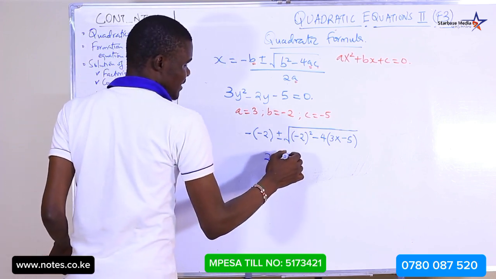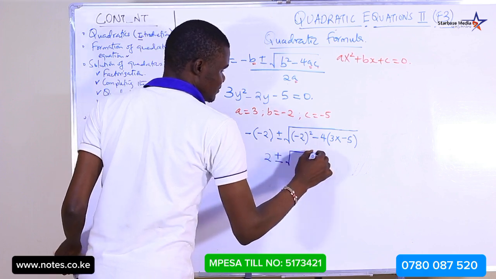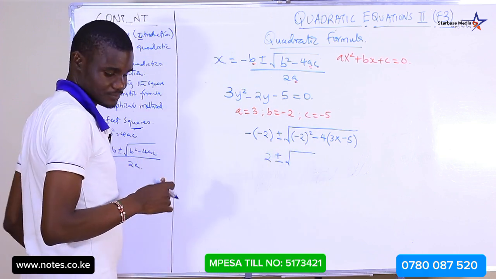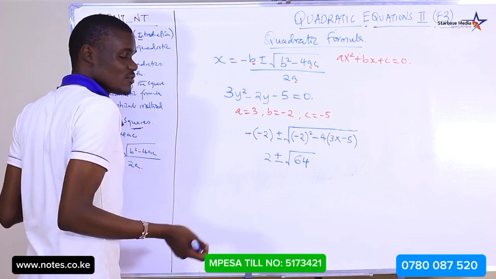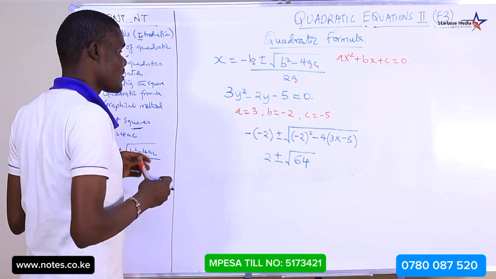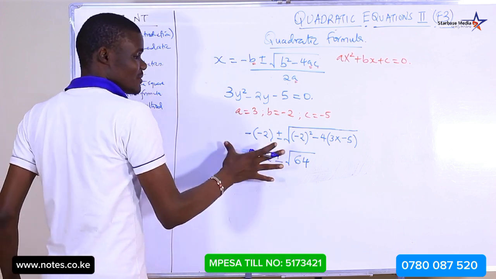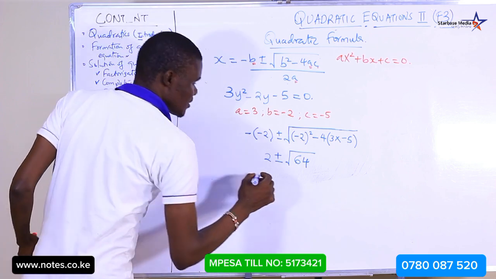Because if you mess up, you mess up. There is no other solution. It is the root of what? 4. Students, I'm telling you, if you mess up here, there is even no need to continue with this calculation. I said finish the top part first, so that you don't get confused.